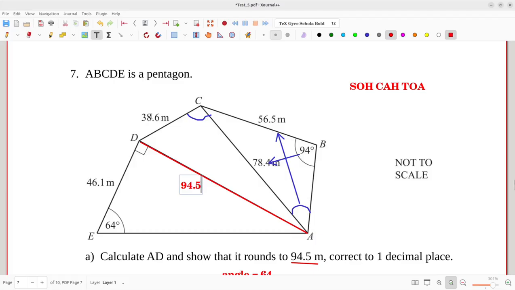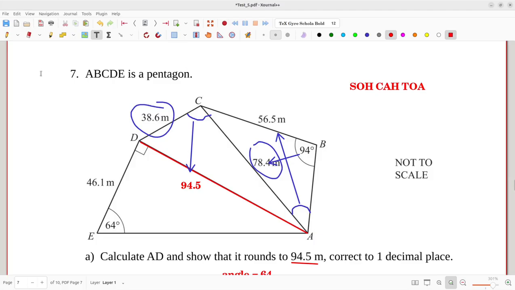The angle is not known, but the side is known. That's called an incomplete pair with the other two sides, so we are going to use the cosine formula for this.